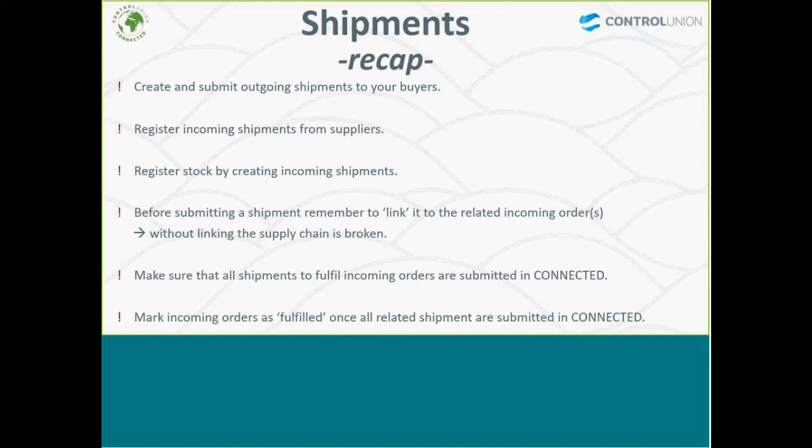Remember, before submitting a shipment, to link it to the related incoming orders, because without linking outgoing shipments with incoming orders, the supply chain is broken. And make sure that all shipments that are to fulfill incoming orders are submitted in Connected. And also mark incoming orders as fulfilled once all the related shipments are submitted in Connected.